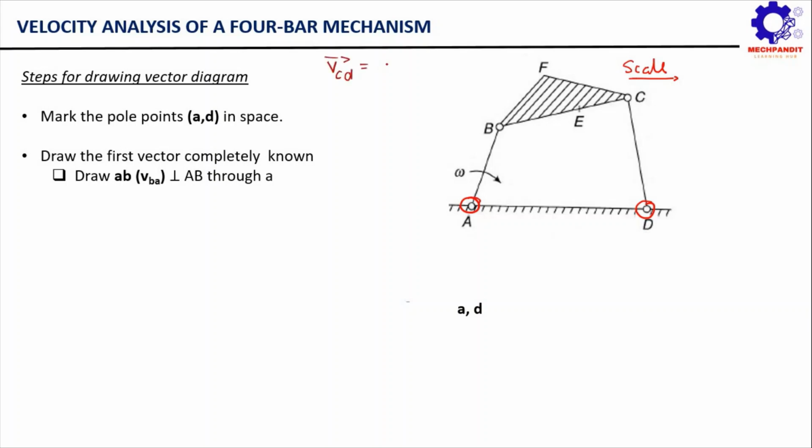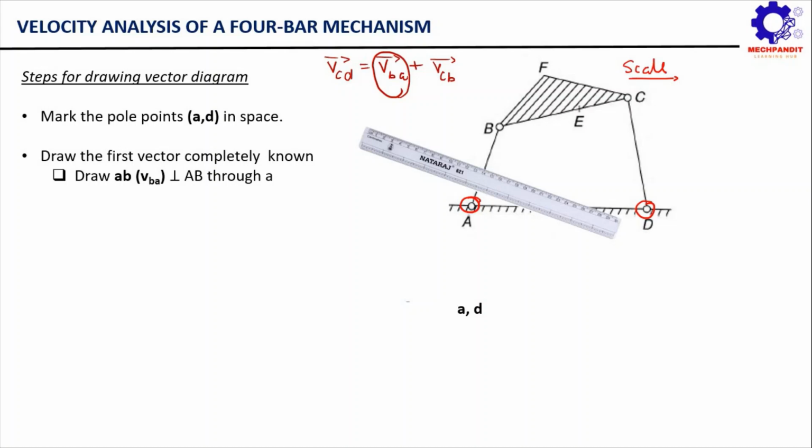So this is VCD vector is equal to VBA vector plus VCB vector, correct? Now here, if you observe, we have already said that this vector is completely known in magnitude and direction, correct? So we are going to draw this vector first.